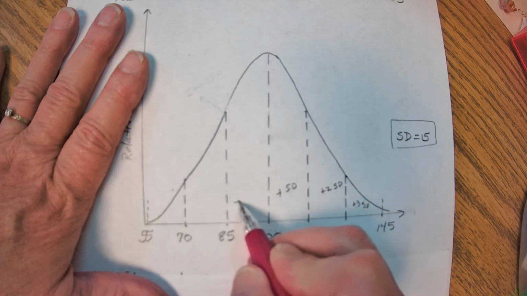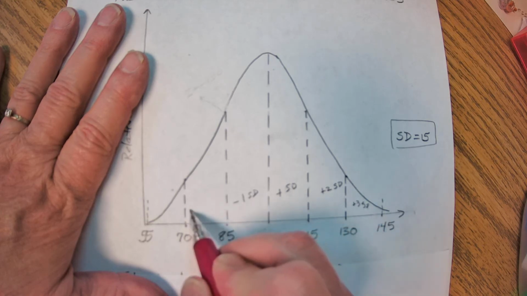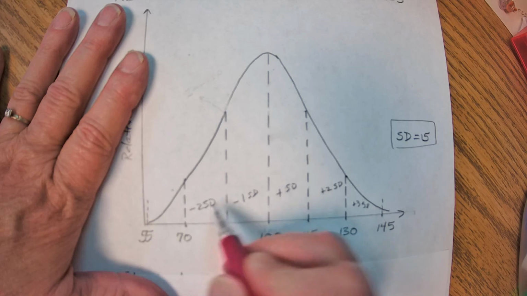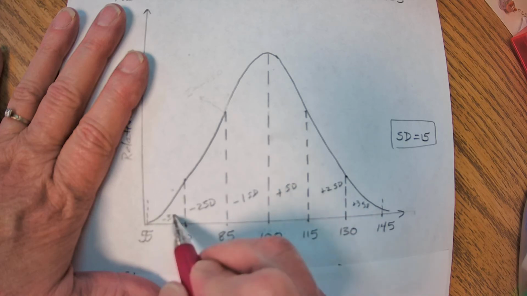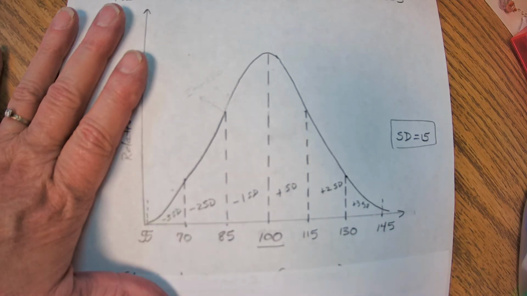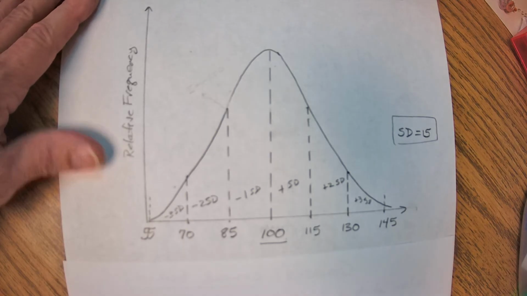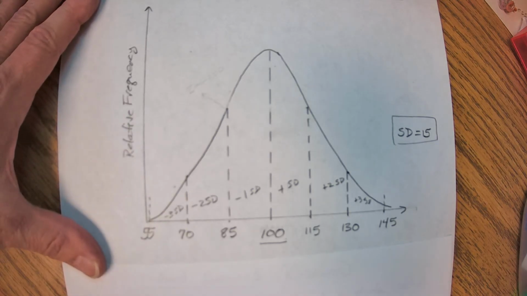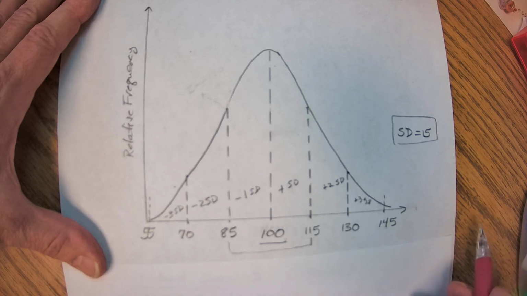Going this way, this would be minus 1 standard deviation, minus 2 standard deviations, minus 3 standard deviations. So 68.3% of all humans will fall within this range.